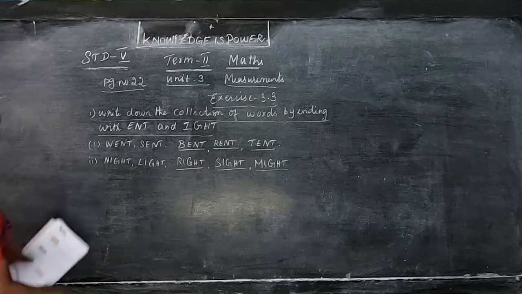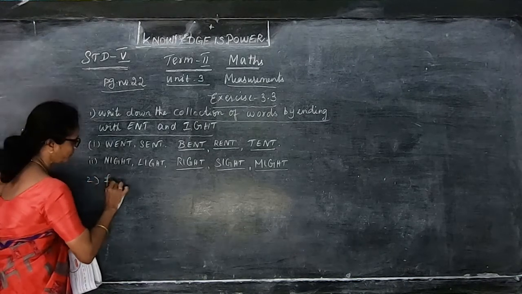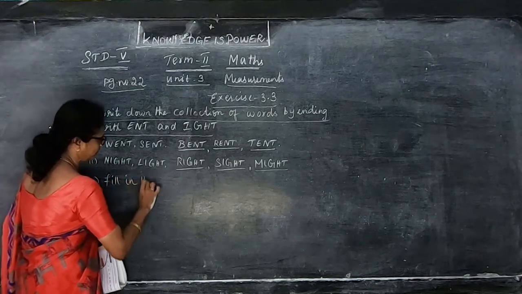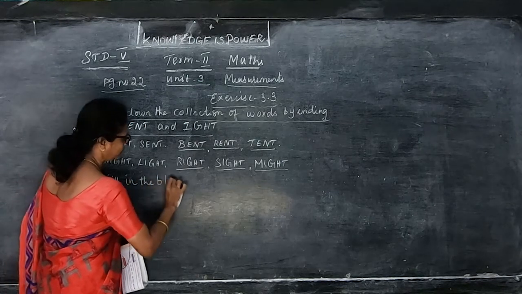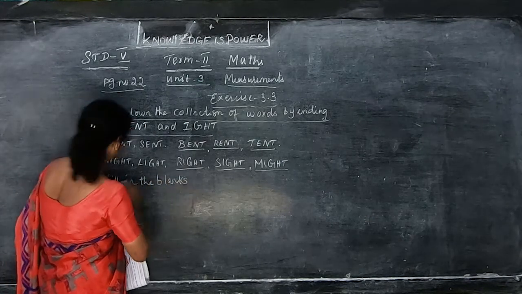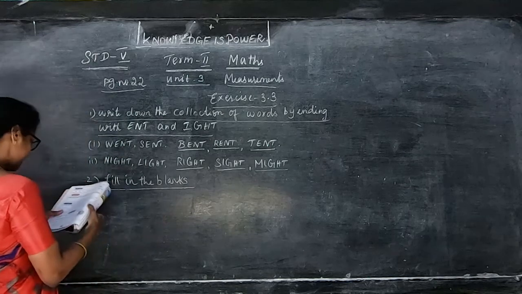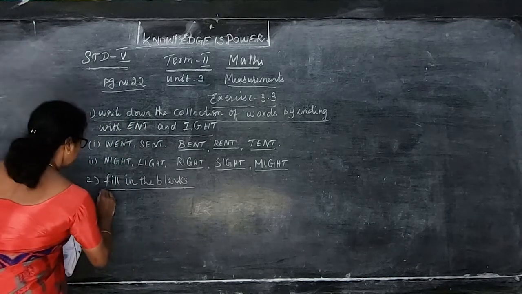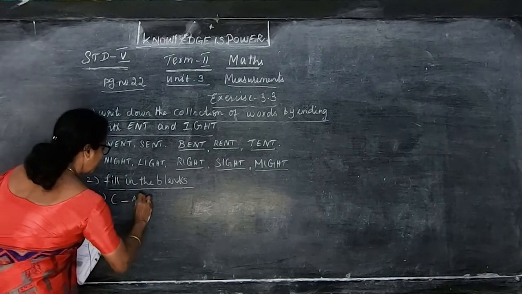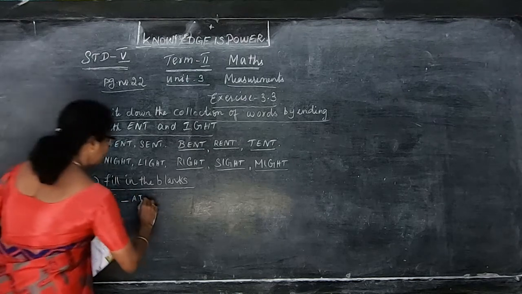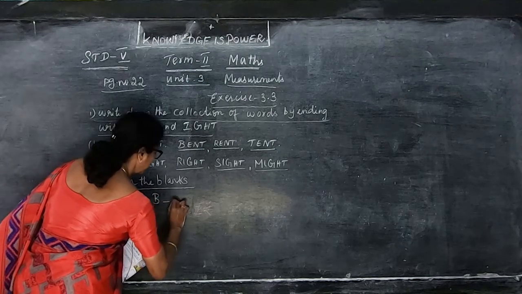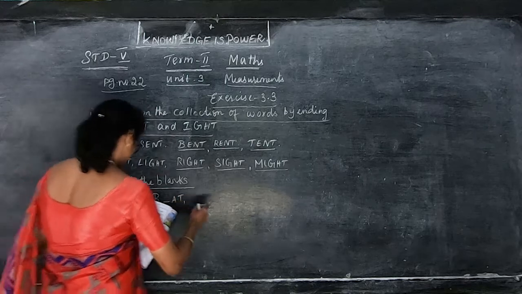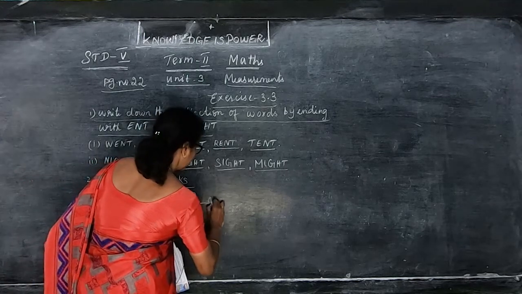And then the next one is fill in the blanks. First one C-AT, B-AT and G-AT.